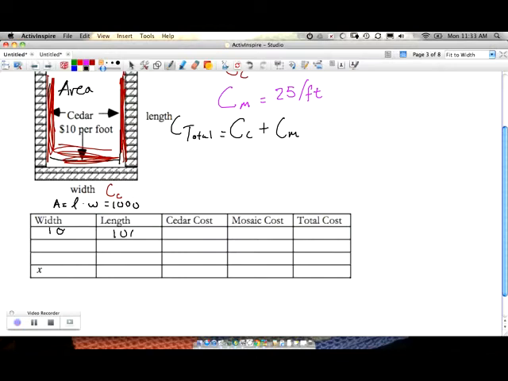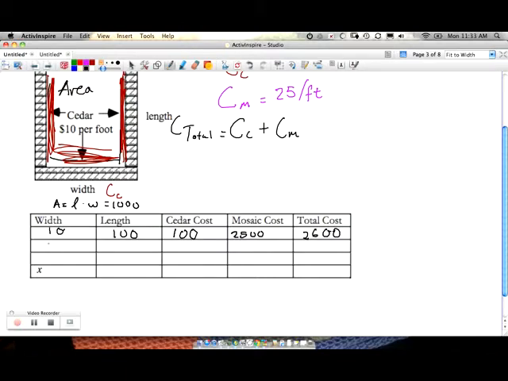So 10 times what equals 1,000? That would be 100. Okay, the cedar cost, which would be $10 per square foot, that's going to be $100. The mosaic cost, which is 25, so we have to multiply 25 times 100, which would be 2,500. Total cost then is 2,600.